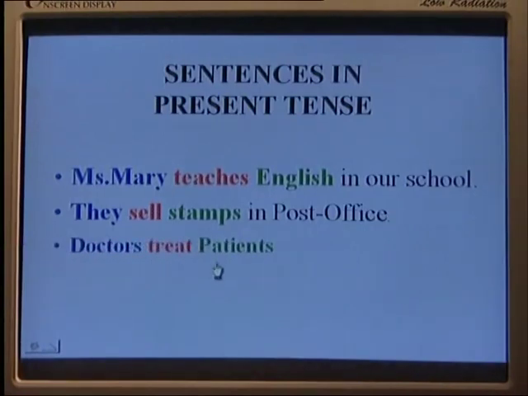Doctors treat patients. So when you look at the verbs teaches, sell, treat, they are in present tense. Therefore, these sentences are said to be in present tense. Let us analyze each sentence and see what is what in each sentence.